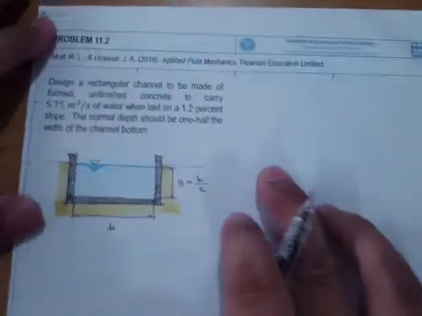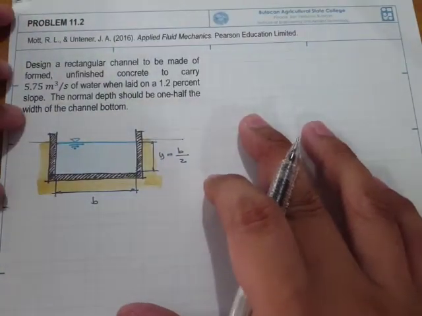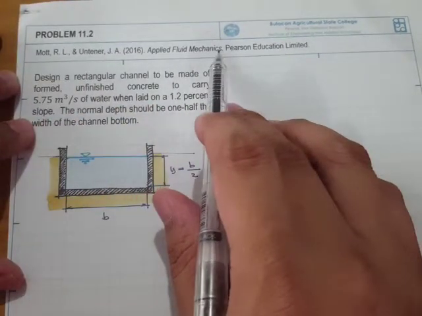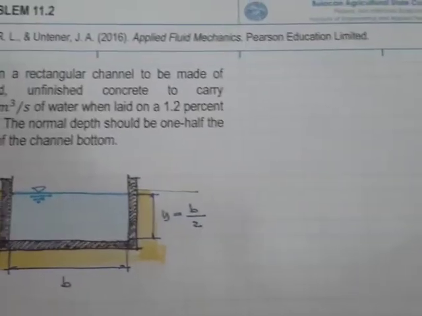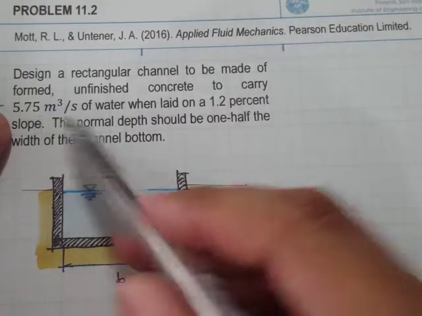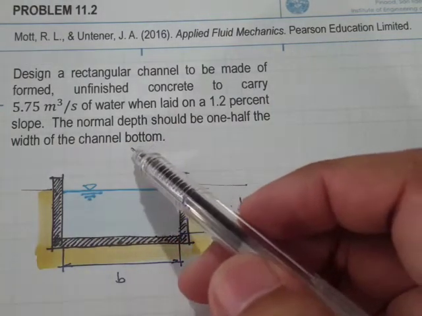Then next, we'll do another problem regarding the Manning's equation. This one is taken from another reference text, Applied Fluid Mechanics by Mott and Turner. It says: design a rectangular channel to be made of formed and finished concrete to carry 5.75 cubic meters of water when laid on a 1.2% slope.